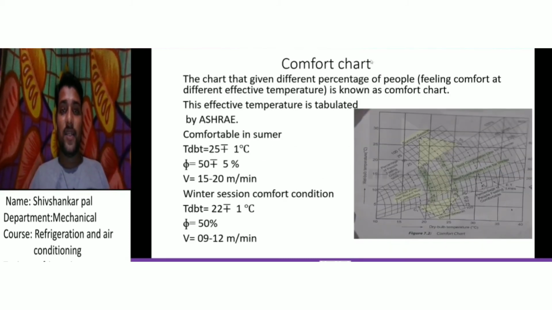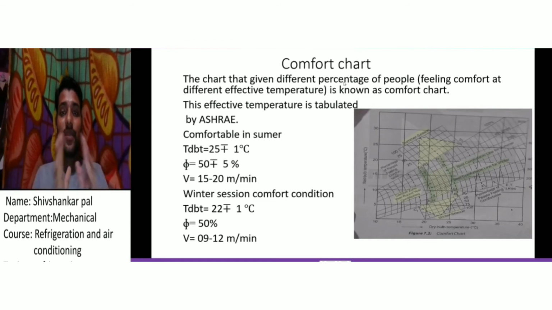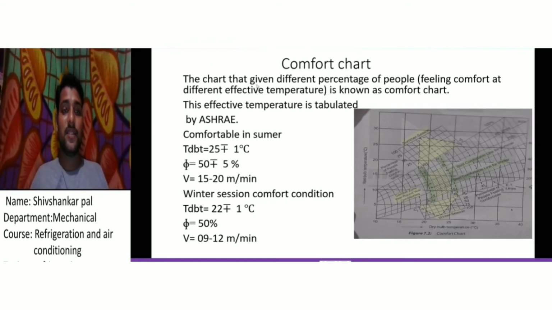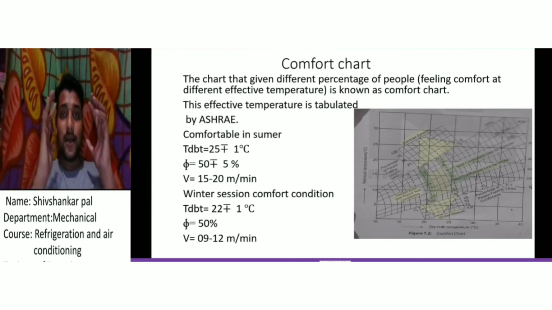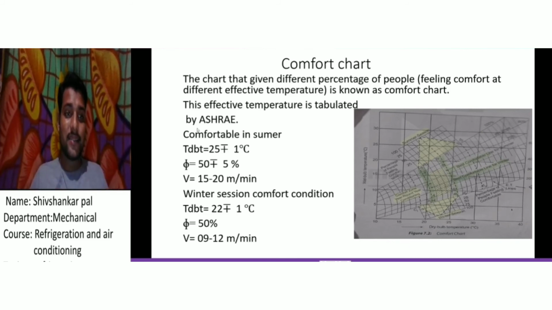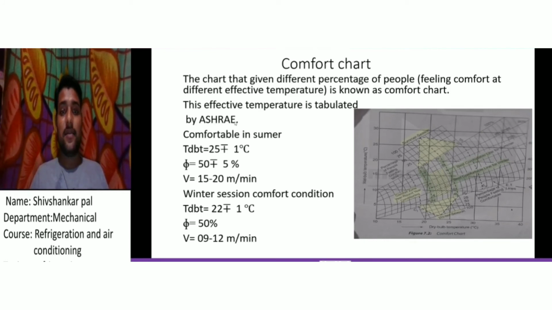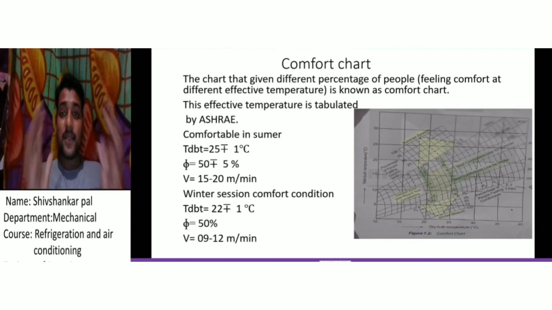Comfort chart. What is the comfort chart? The comfort chart is simply a chart from the American Society, giving the different percentages of people feeling comfortable at different effective temperatures. Suppose an institute, ASHRAE, the American Society of Heating, Refrigeration, Air Conditioning Engineers, makes a chart.